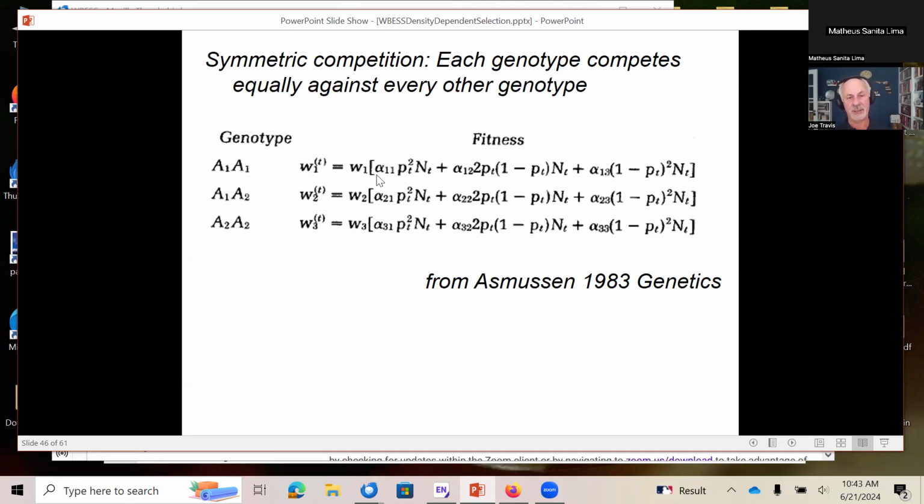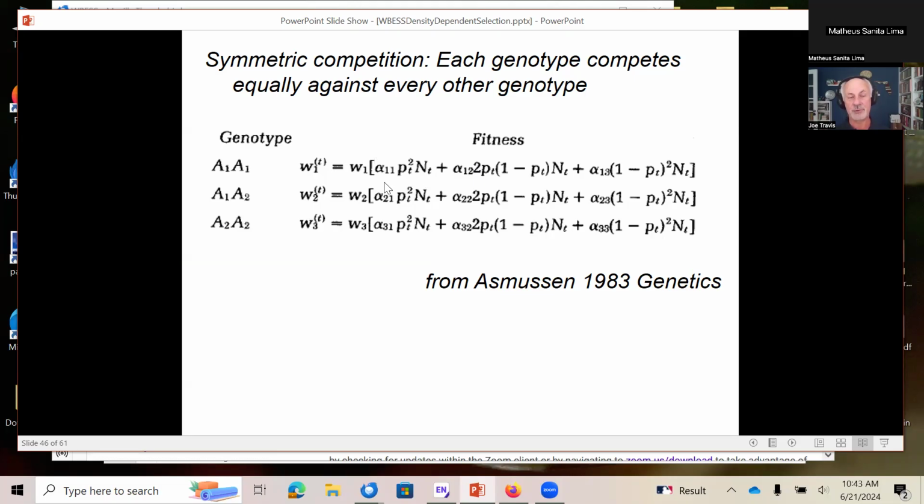In this particular model, she let these things vary. So in symmetric competition, all of the off-diagonal alphas would be equal to each other, so that the only thing that really differs between the genotypes is their own sensitivity to the depressant effect of density.